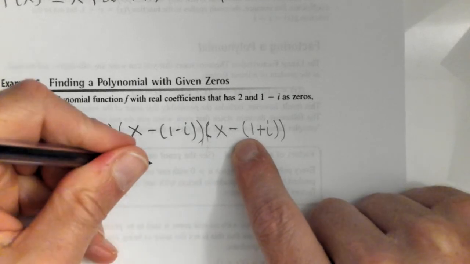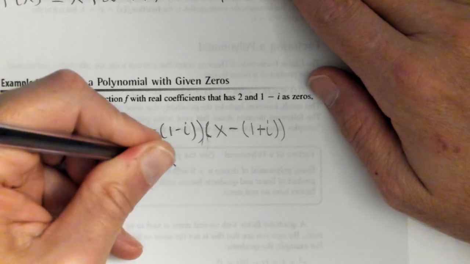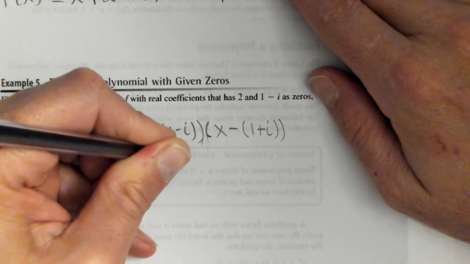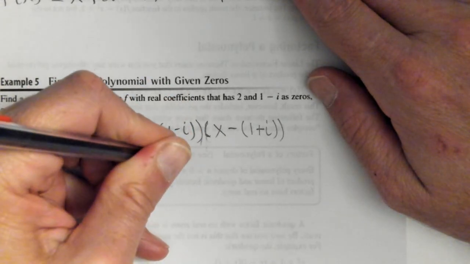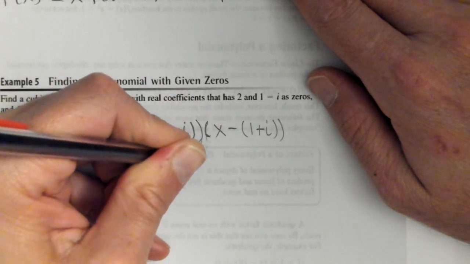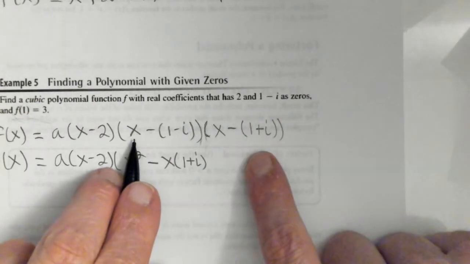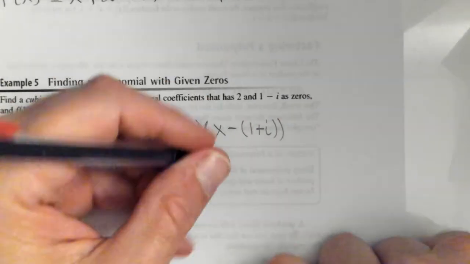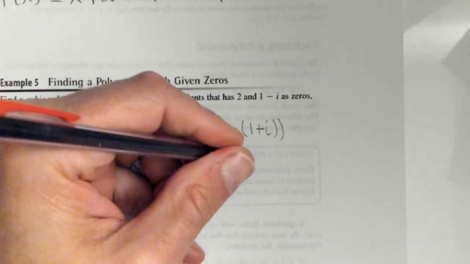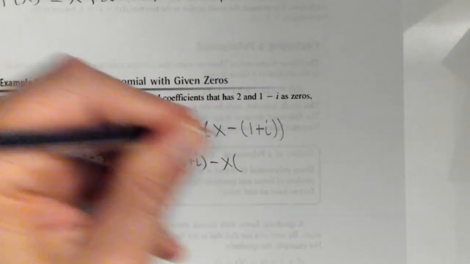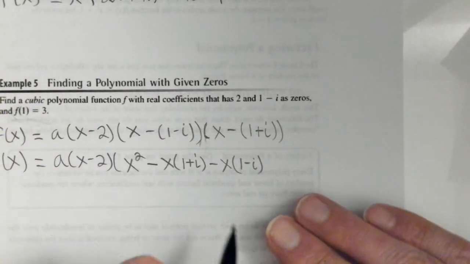I've got to write these out one at a time because I can't just simplify them like I normally would in my head. So that'd be negative x open 1 plus i. Alright, close that off. Then I'm going to slide over and take this one. So that's going to be minus x, open, and then this one is 1 minus i, so it's not the exact same thing there.